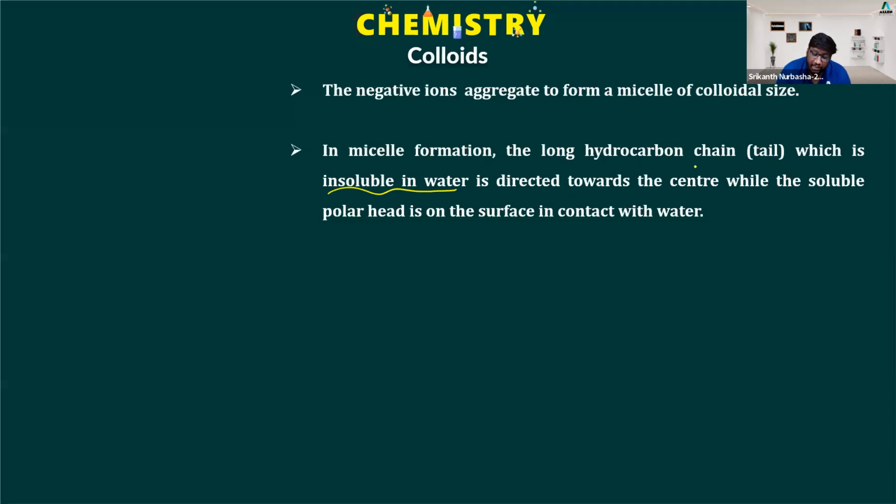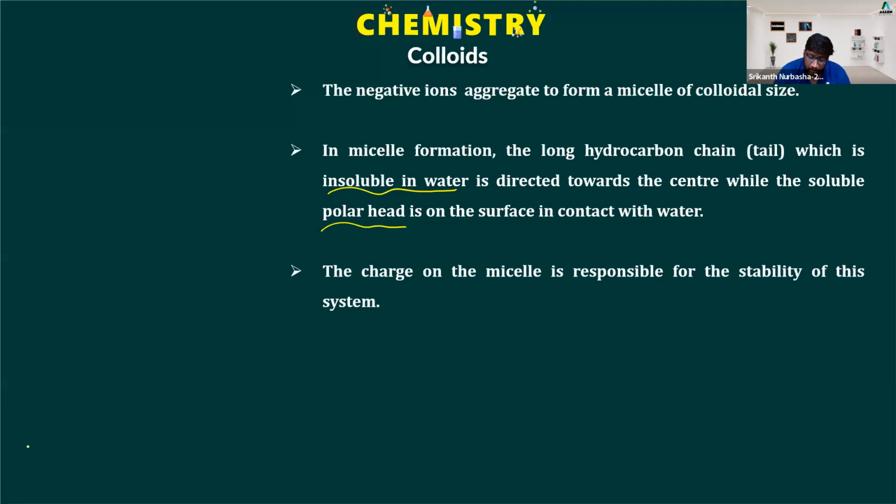So the long hydrocarbon chain, insoluble in water, is directed towards the center, while the soluble polar head is on the surface in contact with water. The charge on the micelle is responsible for the stability of the system.